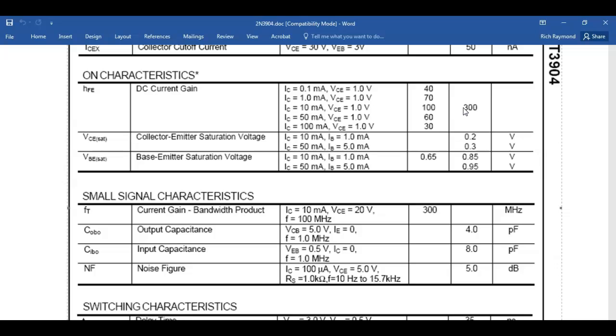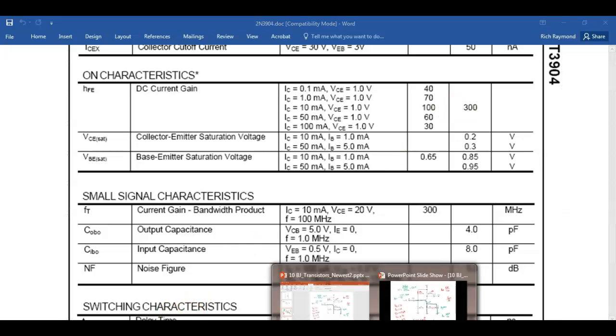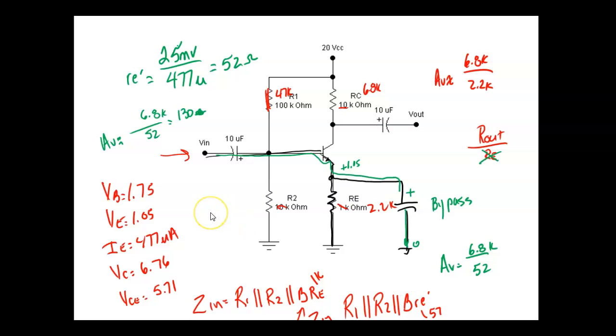So in it, we try to stay away from beta as much as we can because of why? Because what? Yeah, it varies. Now we can calculate the beta of this. So what we've done is we've set the beta of this circuit. So how would I figure out the beta of this circuit?